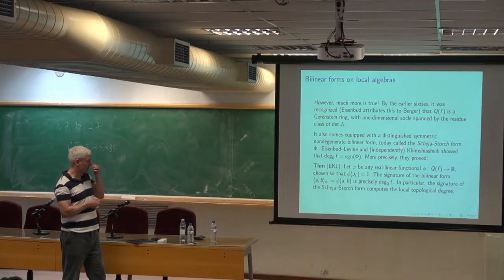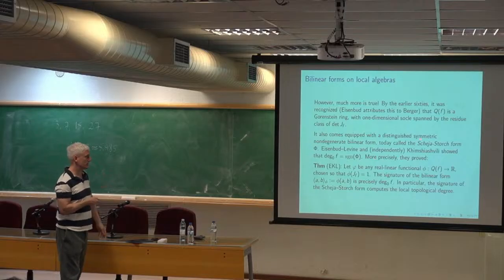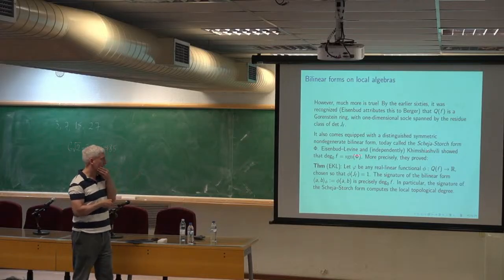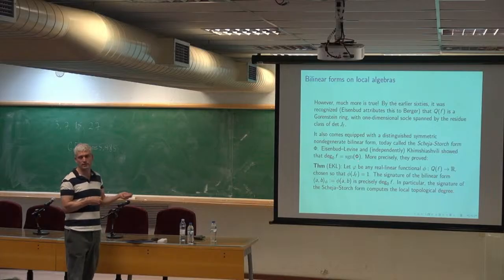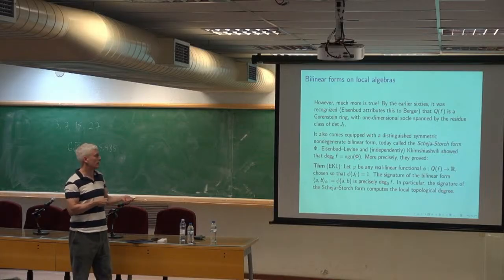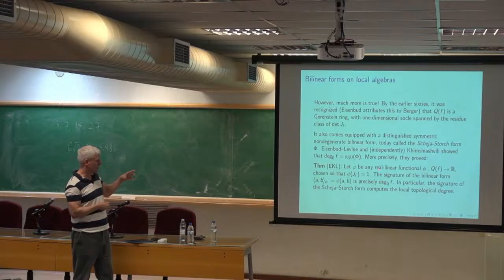Moreover, and this is very important, the local algebra is endowed with a distinguished symmetric non-degenerate bilinear form, which today is what we would call the Scheja-Storch form. And what Eisenbud-Levine and Khimshiashvili showed is that the topological degree is actually computed by the signature of this bilinear form. More specifically, slightly more generally, what they showed is the following.